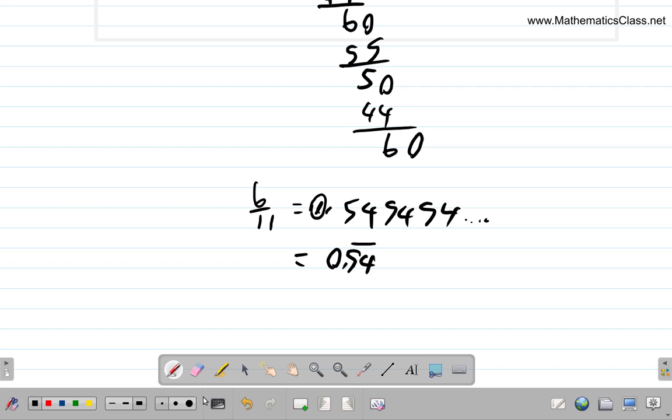Sometimes they put one dot above each of these digits. It means the 5 4 repeats itself: 5 4 5 4 5 4 and so on. Now this is what you call a recurring decimal. It reoccurs.